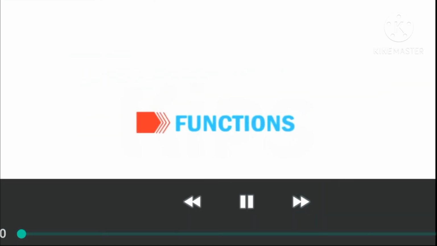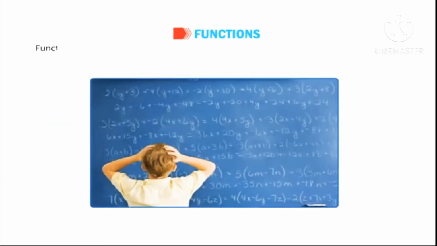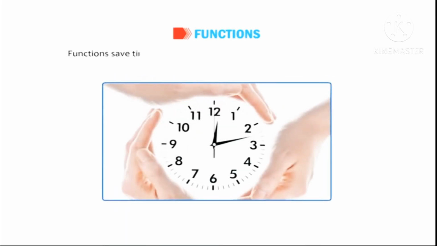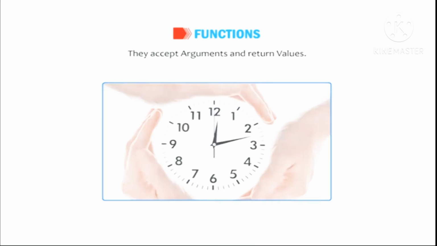Alright students, now let us know about functions. Functions are pre-designed formulas in Excel to perform both simple and complex calculations. Functions save time and eliminate the chance of writing wrong formulas, and they accept arguments and return values.